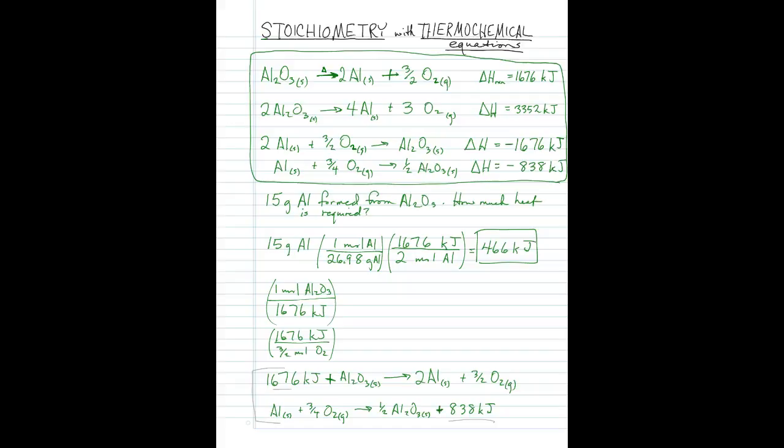When we write it as the thermochemical equation above, the fact that heat goes in is indicated by delta H equals plus. The fact that heat goes out is indicated by delta H is negative. But down below, at the bottom of the page here, where we have these 2 equations written, heat on the left means the heat's going in. Heat on the right means the heat is going out.